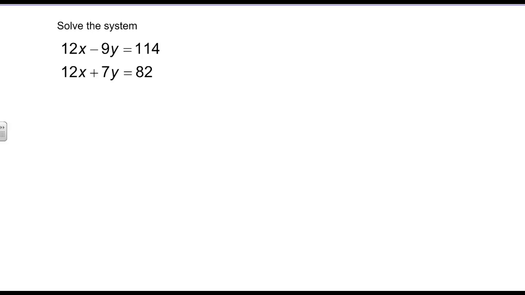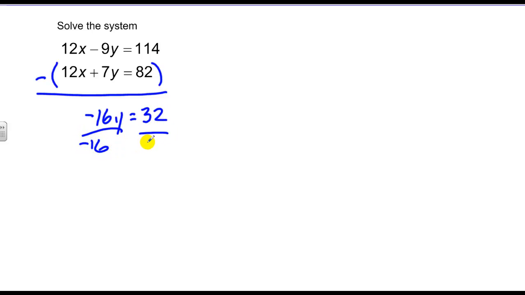You'll notice again, I have the same term in one equation as I do in the other. I'll once again subtract the bottom equation from the top. 12x minus 12x goes to 0. Negative 9y minus 7y is negative 16y. And when I subtract these, I get 32. Divide by negative 16 on both sides. y is equal to negative 2.